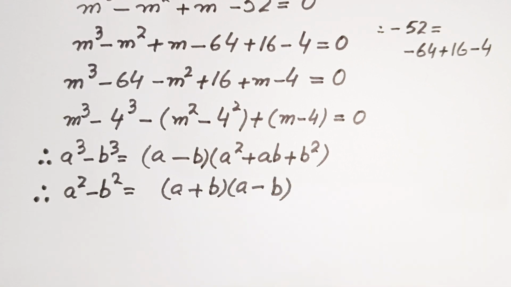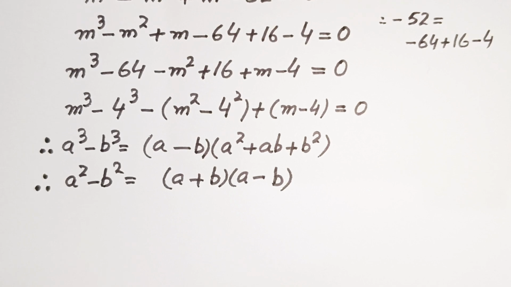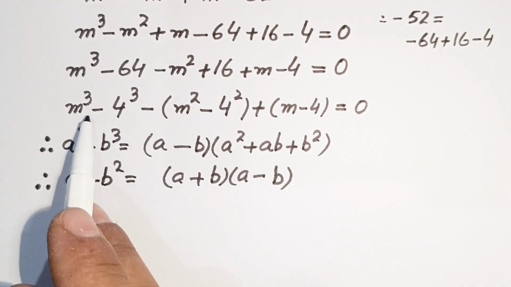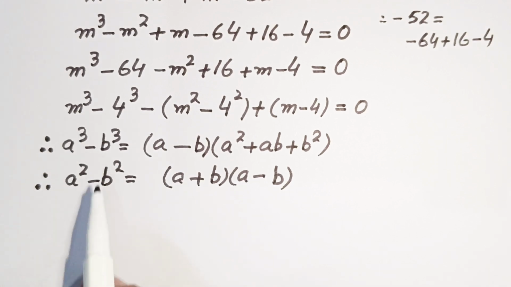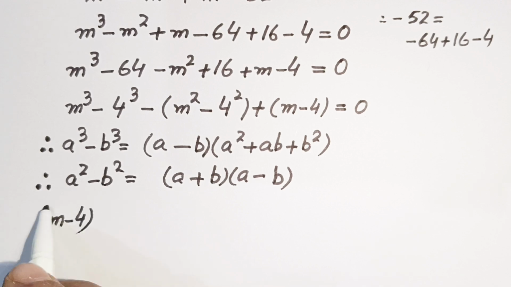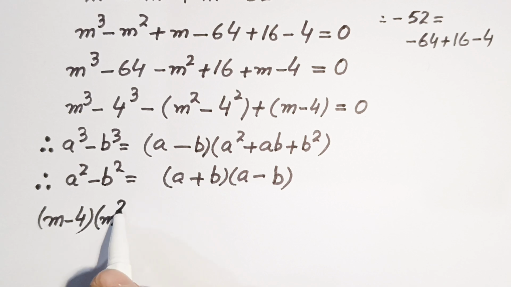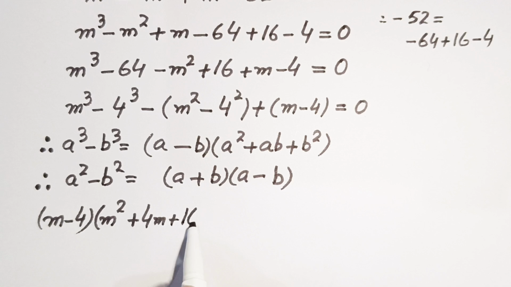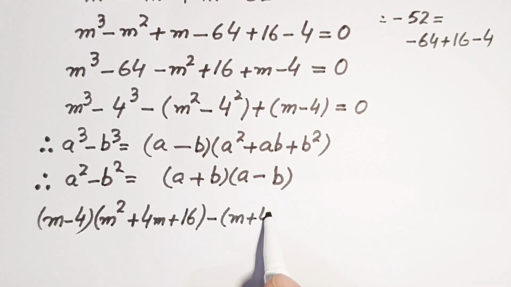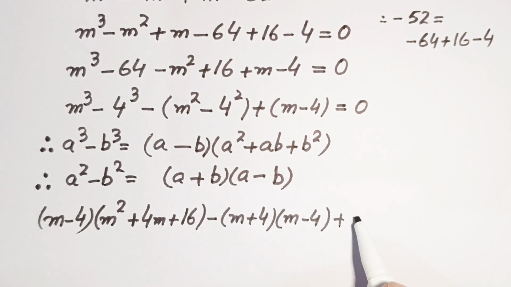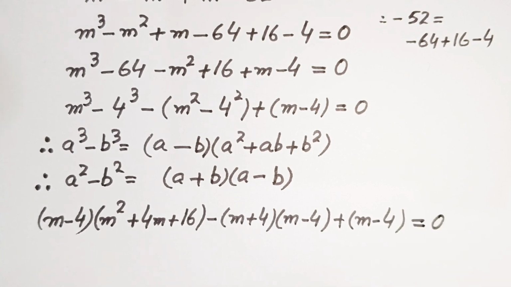Now applying these two formulas in this step, m^3 − 4^3 will be (m − 4)(m^2 + 4m + 4^2), which is 16, minus (m + 4)(m − 4), plus (m − 4), that is equal to 0.